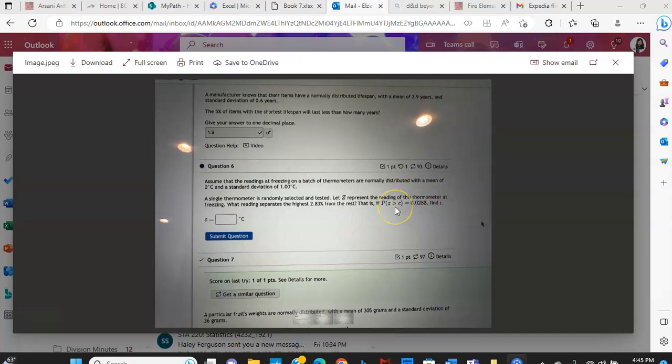Now, since it's greater than, again, before we get started, we have to subtract this from 1, and then whatever that decimal is, we can plug into the Excel formula NORM.S.INV, put that decimal in, and it's going to spit back to us the Celsius temperature that we need for this particular problem. So if this is less than, we can plug this in directly to the formula. If this is greater than, we have to subtract it from 1 first.